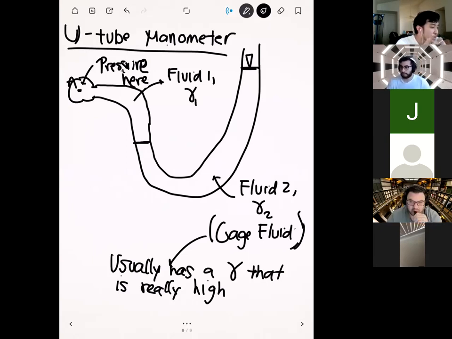I think it has a density that's over 13 times more than water. Okay. And so in the early days of medical technology, the way that they measured your blood pressure was they basically used a U-tube manometer like this to measure the pressure in your arm. And then depending on the height of the column of liquid mercury, that's what they used to determine your blood pressure.